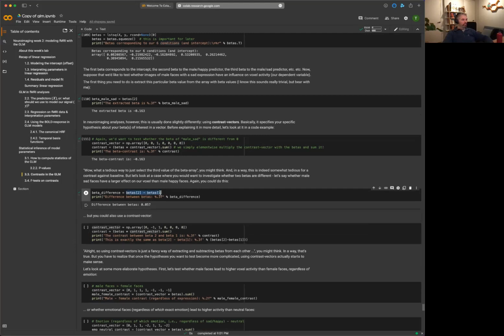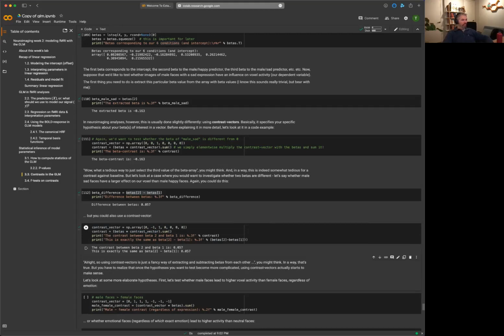Here we do it by hand. We get this difference in beta weights, but as you've learned from the dot product, what we can also do is set up a -1, 1 in this vector and calculate this difference by using this dot product type calculation. Here we are, it's the same value.